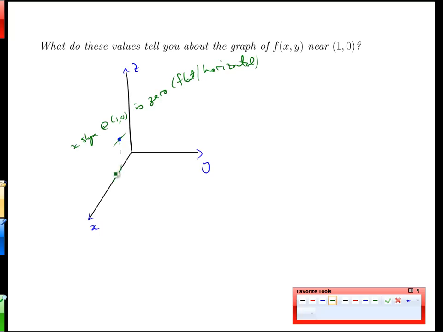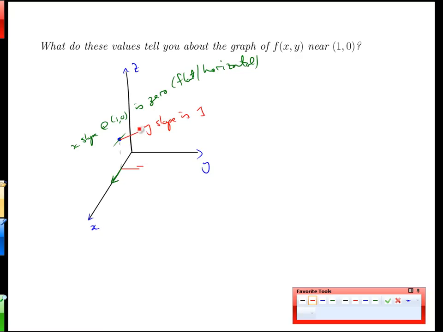So that slope corresponds to a step in the x direction. Meanwhile, if we take a step in the y direction, the y slope is 1. For every step we take in the y direction, we go up 1 in the z direction.